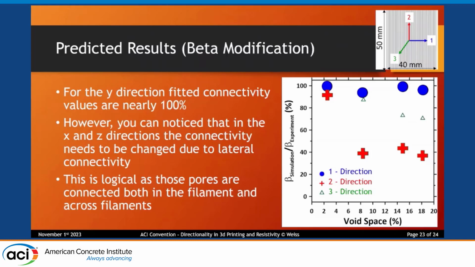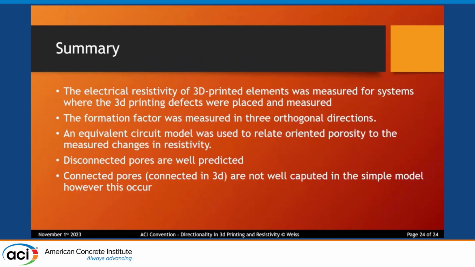But when we start to look at this out of plane idea, we have to drop that down to a 0.5, essentially in the 2 direction, where we're starting to see these large gaps opening up, because those large gaps are more likely to be connected out of the plane. So this seems logical that these large pores are going to be connected in the filaments and across the filaments. We can actually use the tomography images to calculate that out of plane connectedness, but what we're trying to do is come up with simple rules that we could apply without having to do tomography on every single specimen that we're trying to measure.